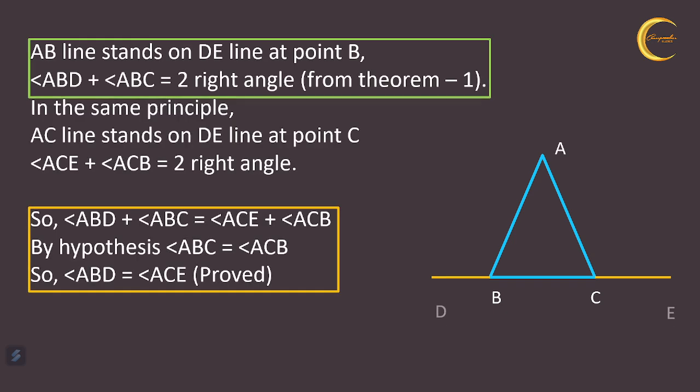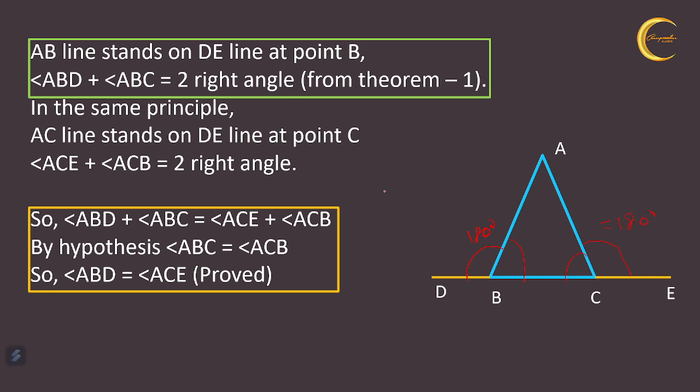Now, from theorem 1, this angle ABD and angle ABC make two right angles or 180 degrees, because this DE is a straight line. Again, the AC line, the same principle, this AC line stands on the DE line. So this angle ACB and angle ACE, these two angles equal 180 degrees or two right angles.